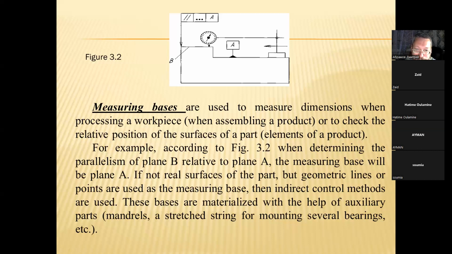If not real surfaces of the part, but geometric lines or points are used as the measuring base, then indirect control methods are used.